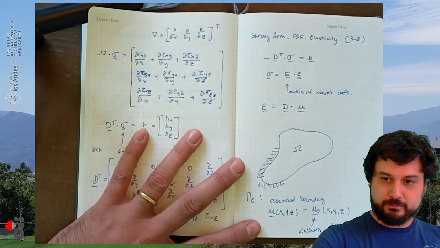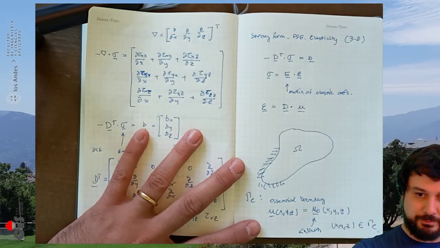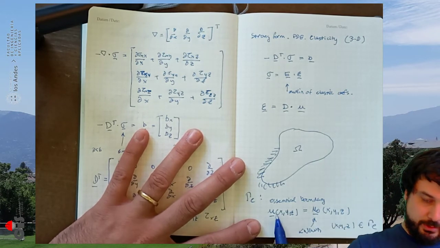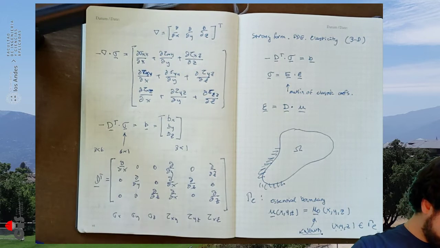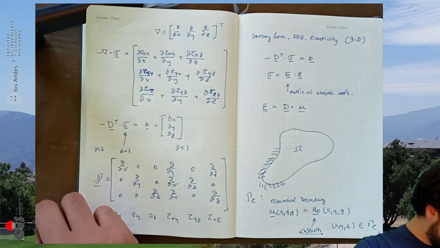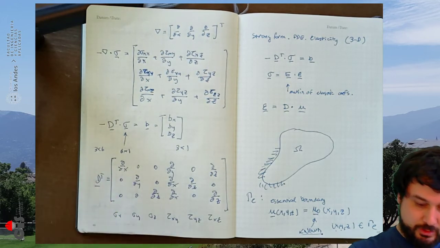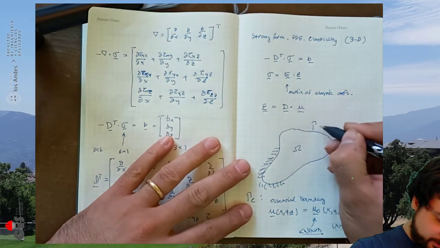See that I'm writing on top of me again, like this. So u(x, y, z) is going to be some known function of x, y, z, usually 0, for all points in the essential boundary. And elsewhere, we have natural boundary conditions.